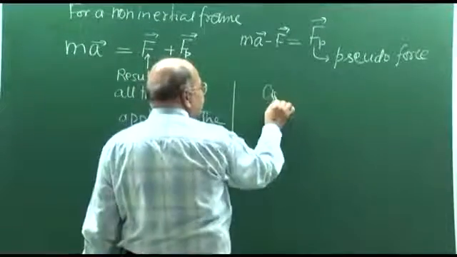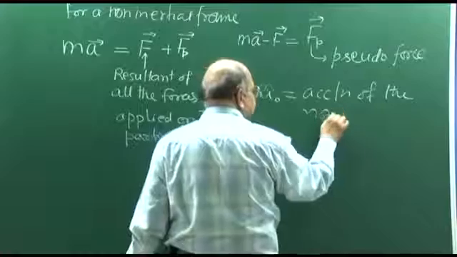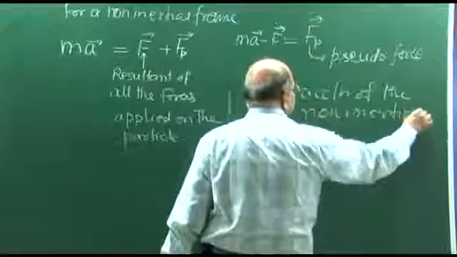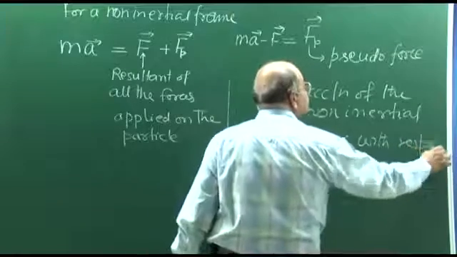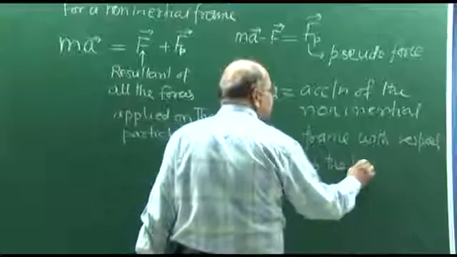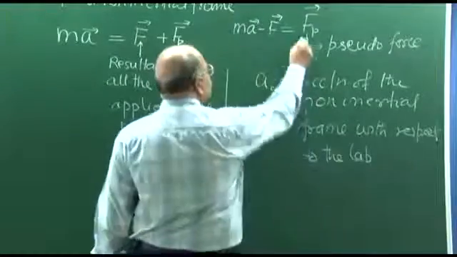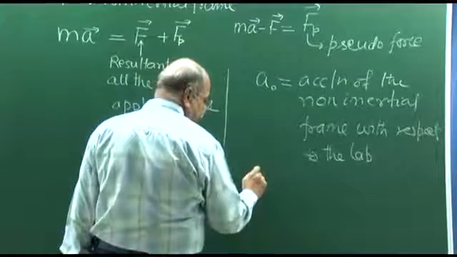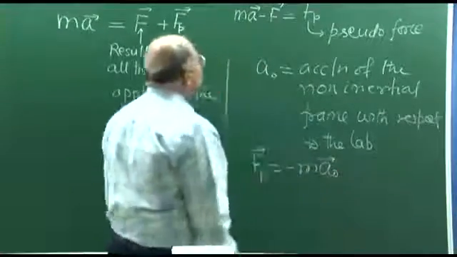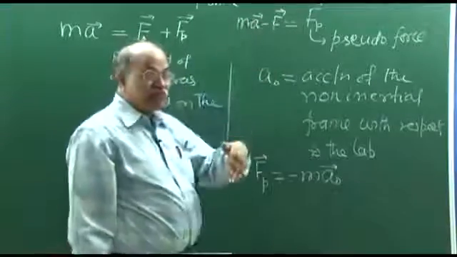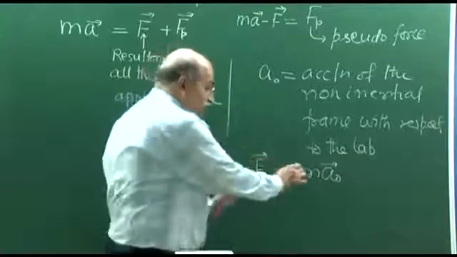So, if I say that a naught is the acceleration of the frame, of the non-inertial frame, with respect to the lab or table or room, the assumed inertial frame, then the pseudo force on the particle will be minus m into a naught, because the acceleration of the particle from the box is minus a naught, and so the pseudo force will be minus m a naught. Look at the structure.